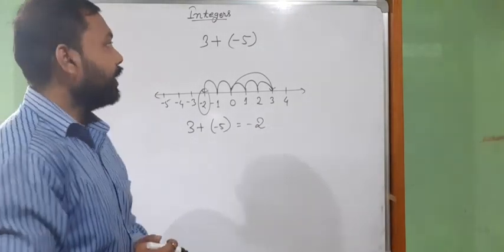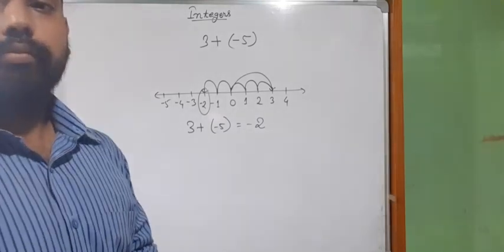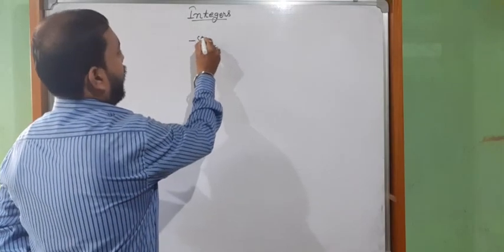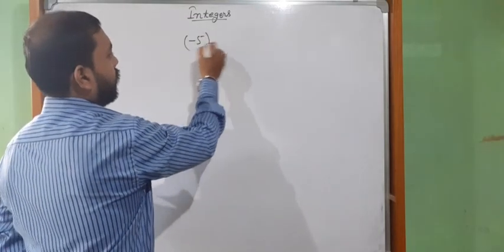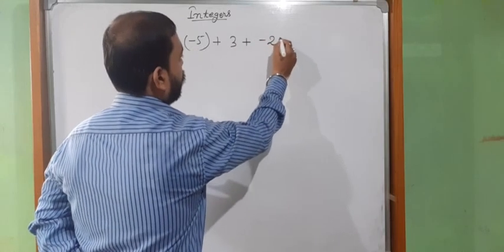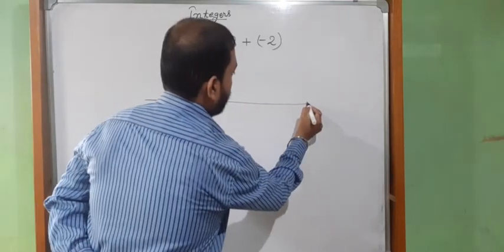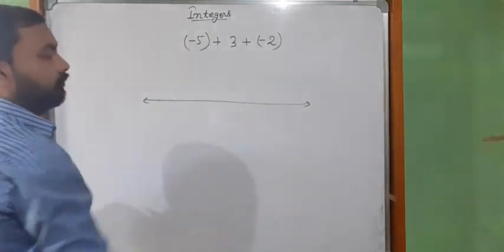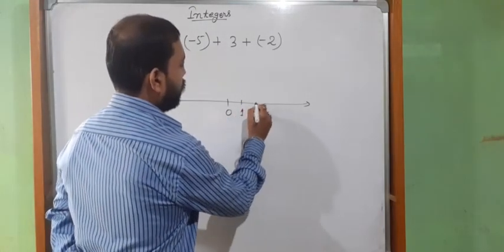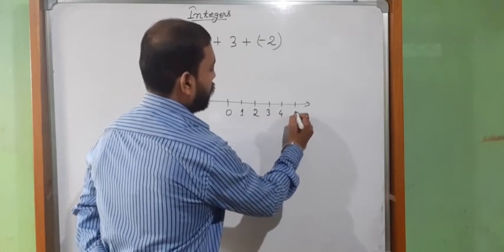Let me take 3 numbers. Let me start with a negative integer: minus 5 plus 3 plus again minus 2. What will be the result? Draw a number line. Let me mark here 0, then plus 1, plus 2, plus 3, plus 4, plus 5.